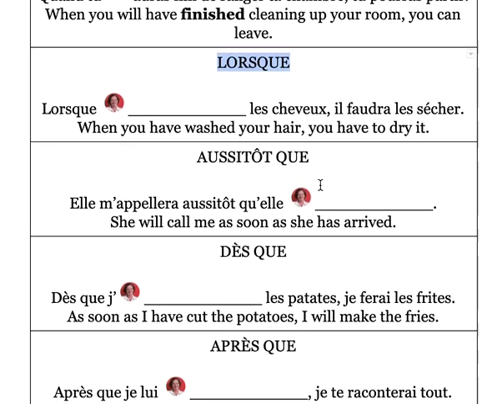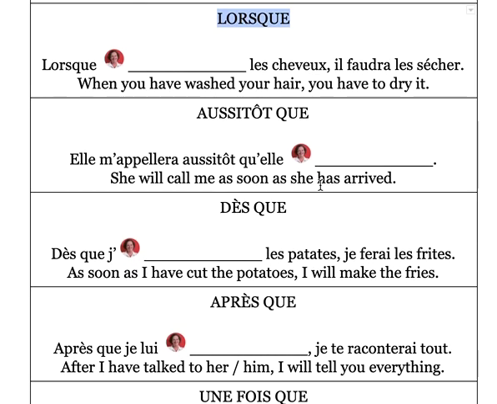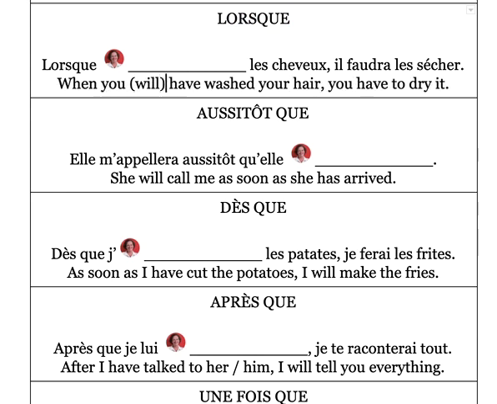Okay? Like this one, lorsque. Okay, so remember, lorsque and quand are pretty interchangeable. When you have washed your hair, and I guess I could have said when you will have washed your hair, even though we wouldn't say it in English that way. We probably would say when you've washed your hair, you have to dry it. Donc, lorsque, I'm going to use a tu here, okay?